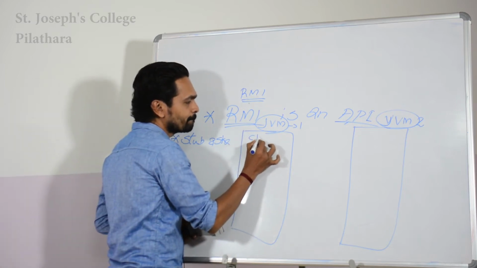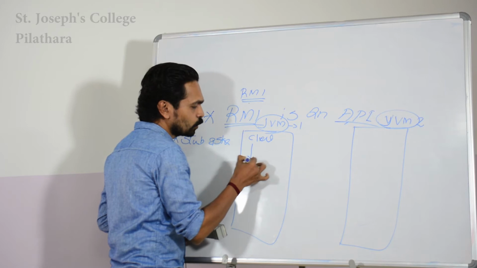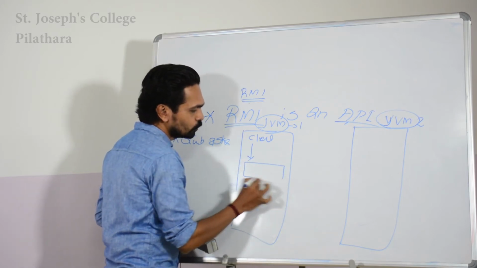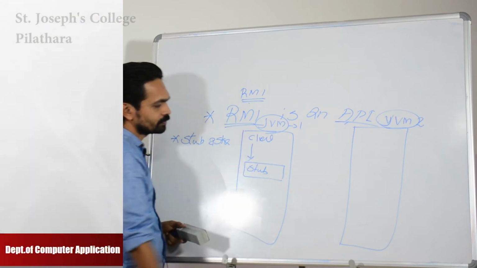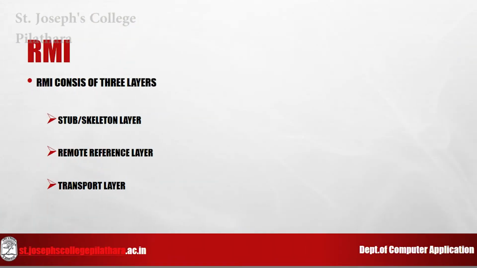So the client sends a request to the stub. The stub sends the request to a new part, the RRL, remote reference layer. The remote reference layer sends the request to the transport layer.